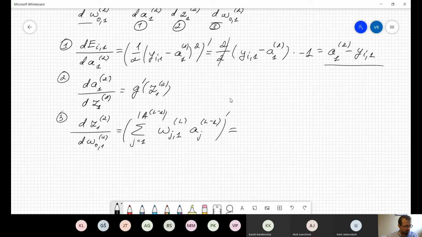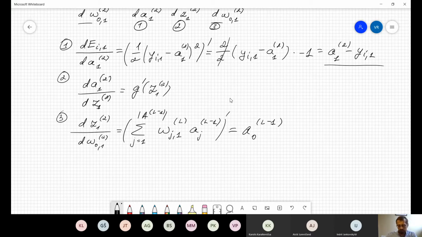So what we have here is A0, so 0 and 1. This is the only one which is important, and it's multiplied by 1, so L minus 1.